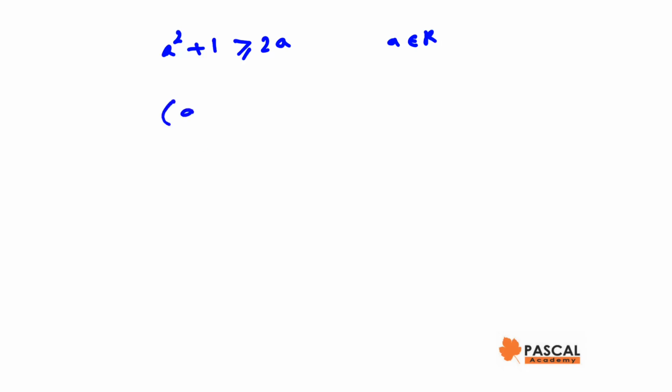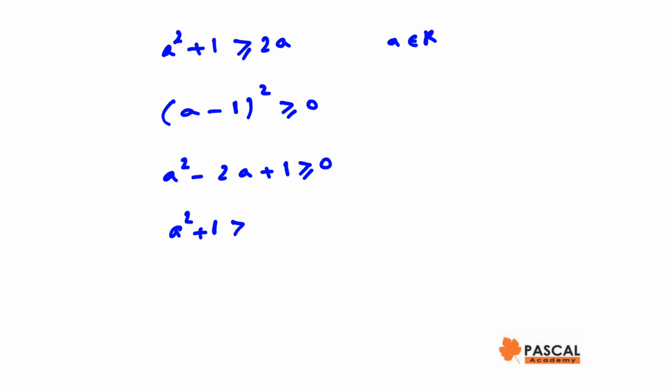Say we know a minus 1 to the power of 2 is greater or equal than 0. Therefore, a2 minus 2a plus 1 is greater than or equal to 0. This means a2 plus 1 is greater or equal than 2a. Equality holds when a is 1.